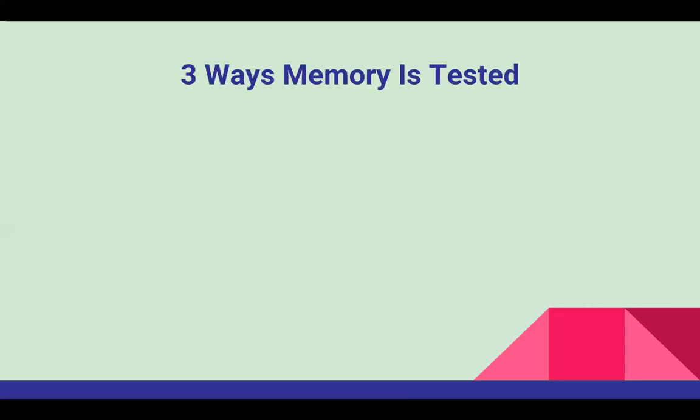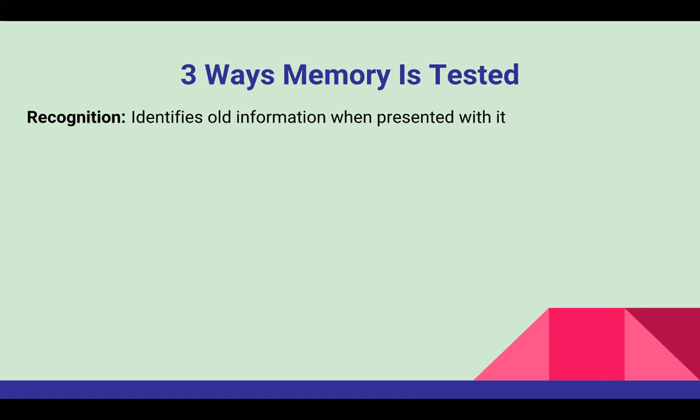One of the things that the video talks about are the three ways that memory is tested. So when you're in school, there are three different ways that instructors can assess whether or not you are retaining important material. One of those ways is recognition, which asks you to identify information but will give you options, like multiple choice: from these options, which one is correct.